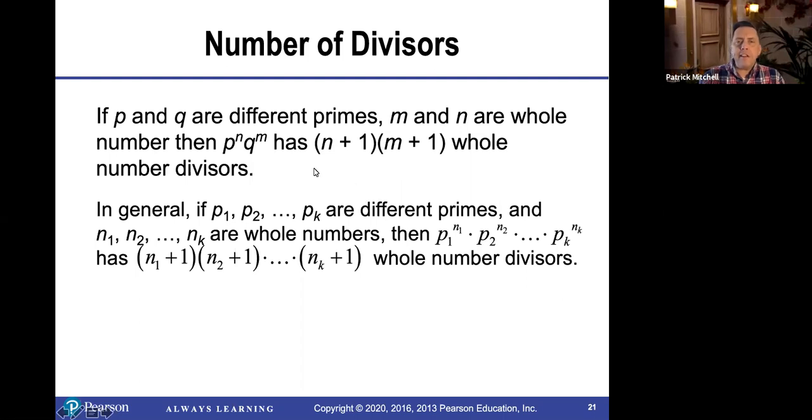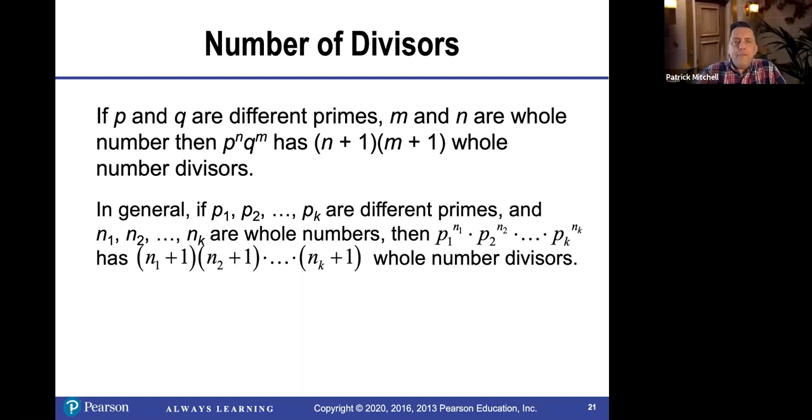So in the previous example, we were looking at the number 2 to the third times 3 to the first. And what we found was that the number of divisors was 3 plus 1 times 1 plus 1, 4 times 2. All right, now is where it starts sounding complicated, but it really isn't.